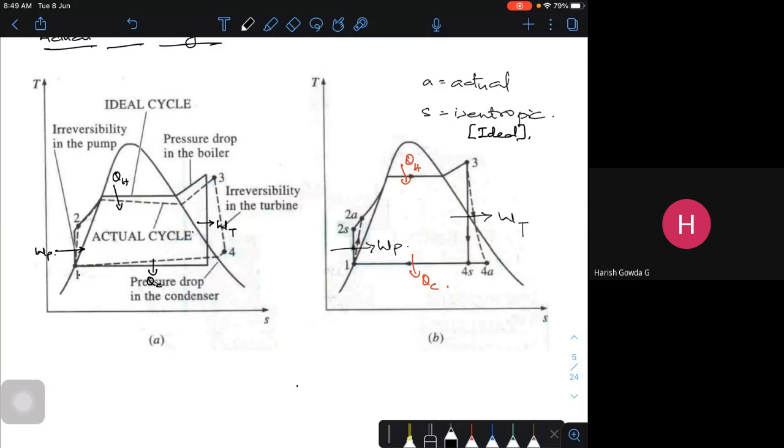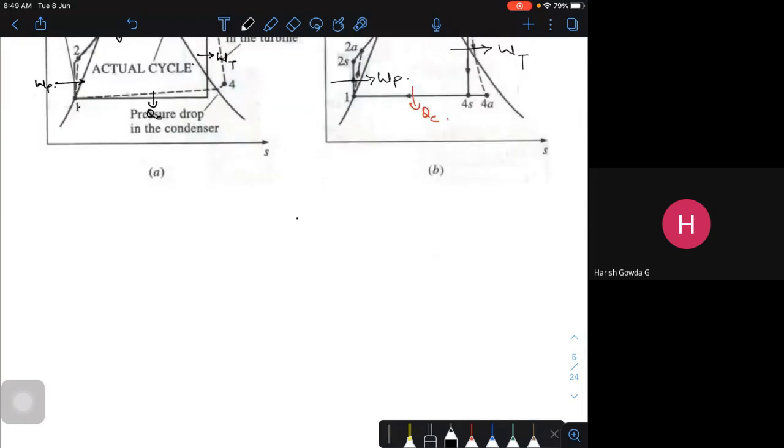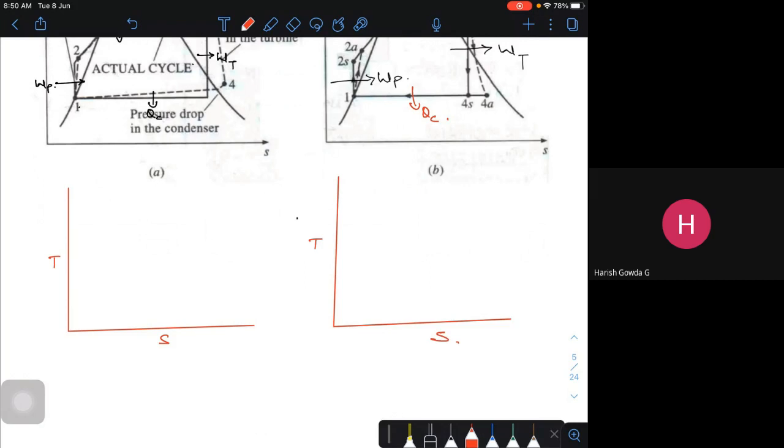Now, the pump, you might have studied in your basic thermodynamics course, the compression will be something like this. Say this is my TS diagram for a compression process, and a TS diagram for an expansion process I'm going to write separately, so that it will be easy for you to understand. I'll be having different pressures.